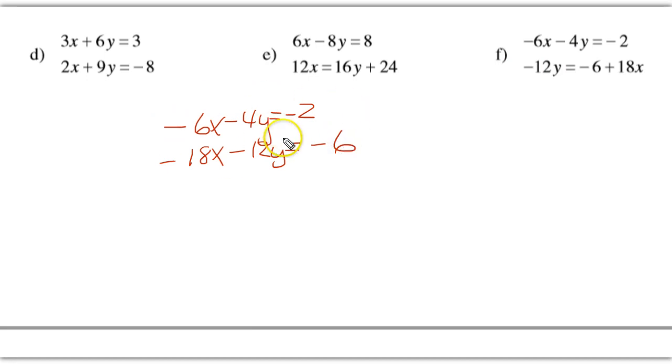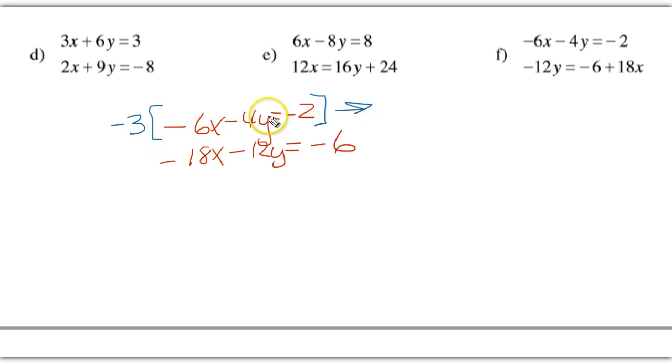So as we look at it, what can we do? Well, if I were to multiply, I'm going to get a different color here, this equation by a negative 3, that will make this a positive 18, and these would cancel out.